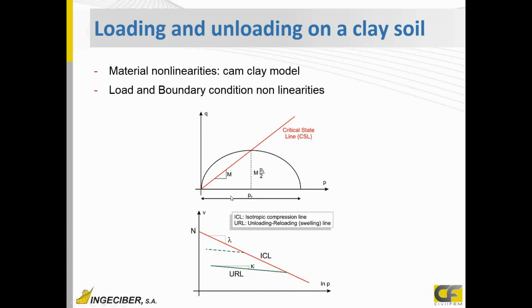Inside this surface, we will have elastic behavior, not linear, but elastic behavior. If we go outside this ellipse, we will have a plastic yielding due to compression. If we move with the stresses in the other direction, increasing Q, we will have yielding due to shear stress.